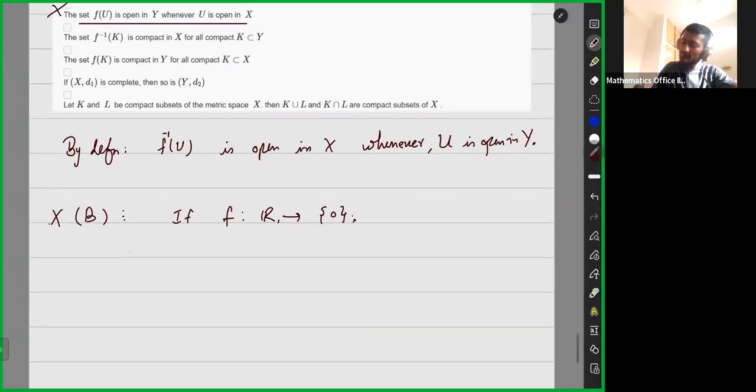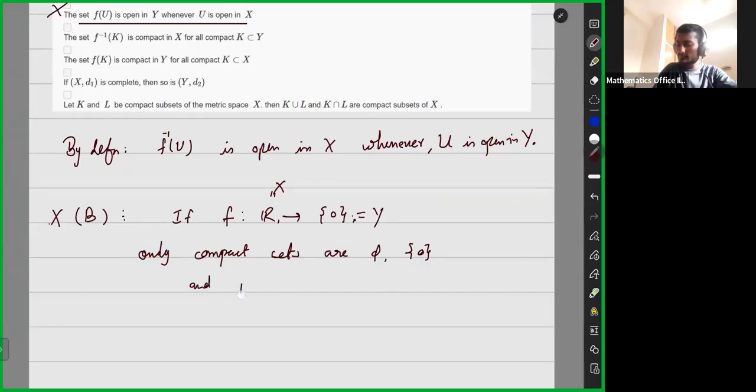So in this case, this is y, this is x, and the only compact sets are the empty set and the singleton, and the inverse images are not compact. This makes it a constant function. When y is a singleton, it is constant, right?